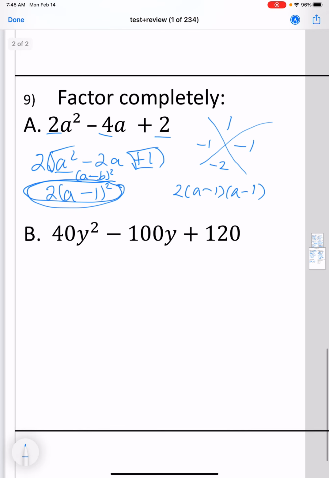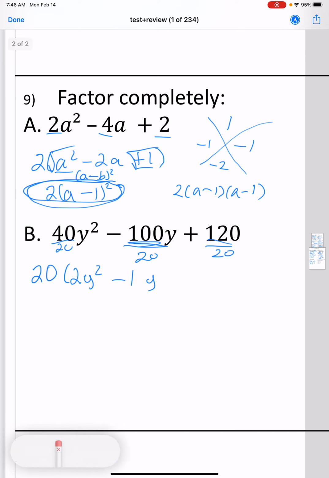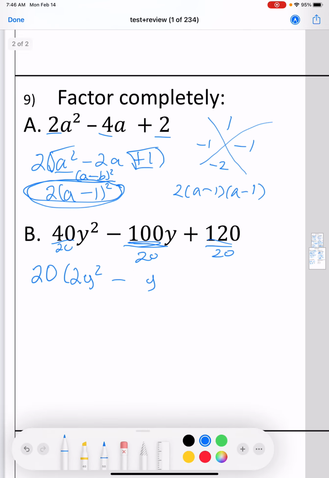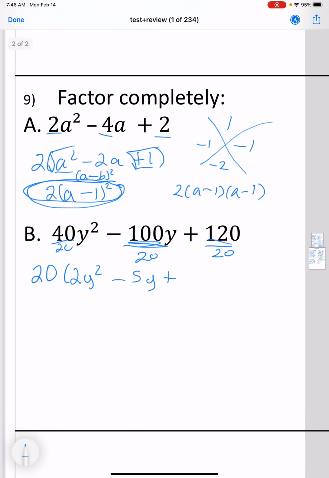Okay, this next one we are checking for common factors because this is not a perfect square and neither is this. 40, 100, and 120 all share a common factor of 20. So we divide all of these things by 20, and we are left with 2y squared minus 5y plus 6.